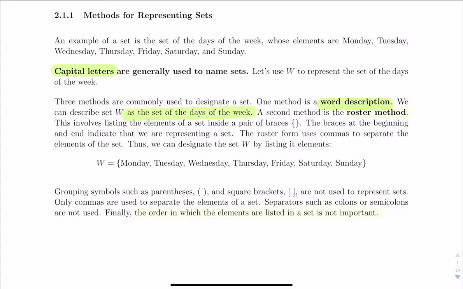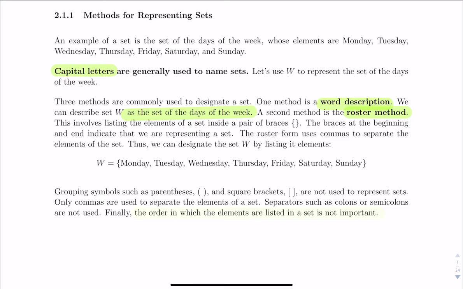A second method is the roster method. This involves listing the elements of a set inside a pair of braces. The braces at the beginning and end indicate that we're representing a set, and then we use commas to separate the elements of the set. So W would look like Monday, comma, Tuesday, comma, Wednesday, all the way down to Sunday, and it's wrapped in curly braces.